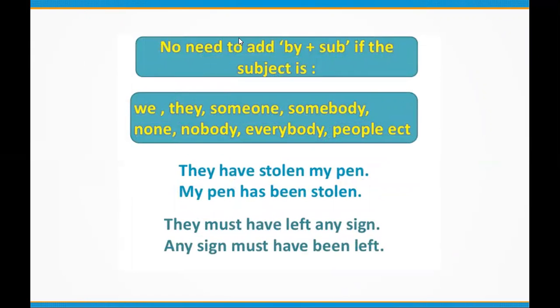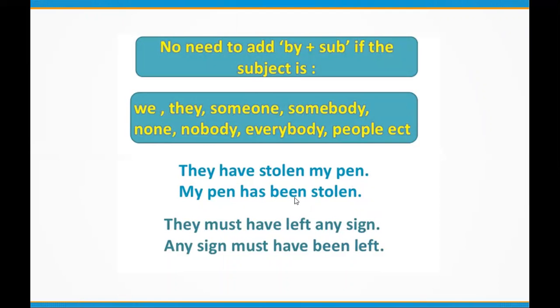So here, no need to add by plus subject if the subject is he, they, someone, somebody, none, nobody, everybody, people, etc. Here listen carefully. We should not add by plus subject if the subject is he, they, someone, somebody, none, nobody, everybody, people, etc. For example, they have stolen my pen.